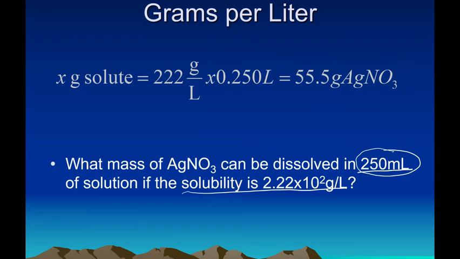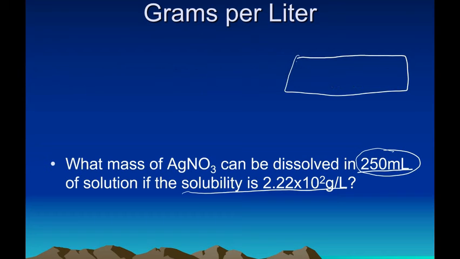Looking at this, I end up getting my grams of solute equals 222 times 0.250. That gives me a mass of 55.5 grams of silver nitrate.